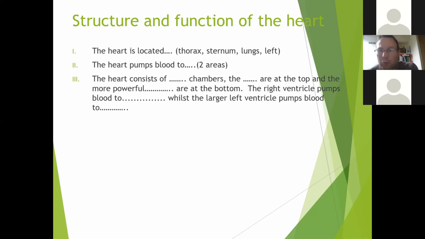The right ventricle pumps blood to wherever it pumps blood to, whilst the larger left ventricle pumps blood to wherever you feel that pumps blood to. So I'm going to let you work on that for 4 minutes, but try and write it out in full. And then I'm going to check your understanding in the chat box. So just have a go at writing that out.